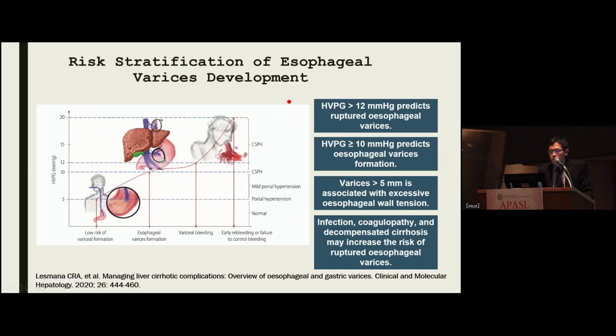Even though there have been many developments in non-invasive methods or tests, also based on the current Baveno consensus, sometimes the portal pressure is not always in line with significant liver fibrosis.